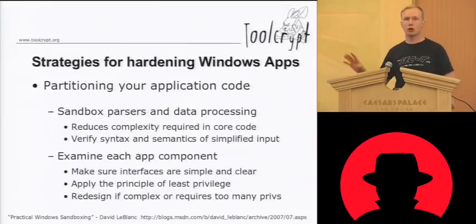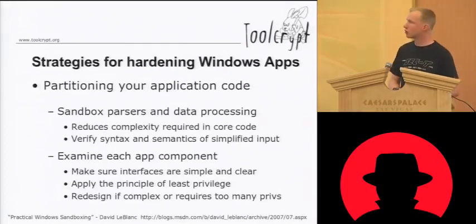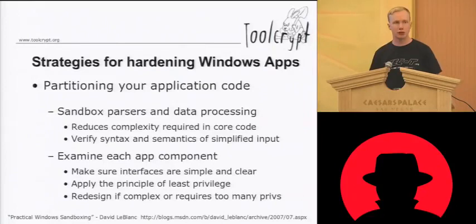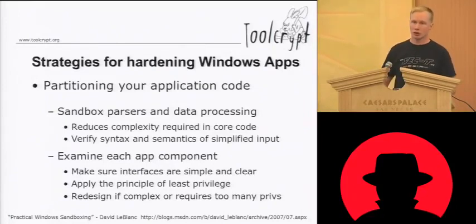If these components don't actually need access to system resources, then that code doesn't have to be running as a standard user. And if these components are too complex or require too many privileges, you should perhaps look at refactoring them and making the interfaces cleaner and simpler, to make it easier for you to understand the implications and do threat modeling.